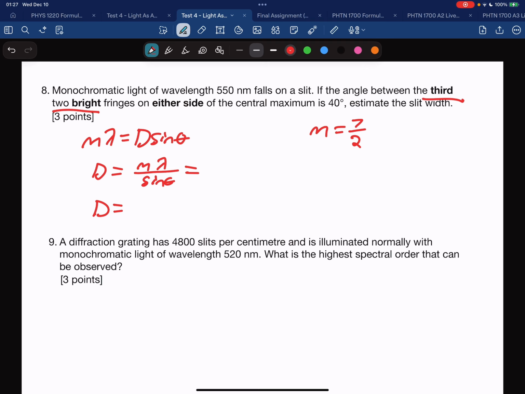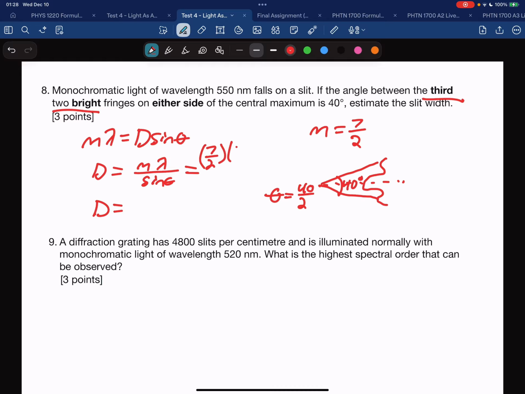Theta. This is the maximum, our peak here. And we have been told that this angle here is 40 degrees. We want exactly half that. So theta equals 40 over 2. So plugging in, we get 7 over 2 for m.